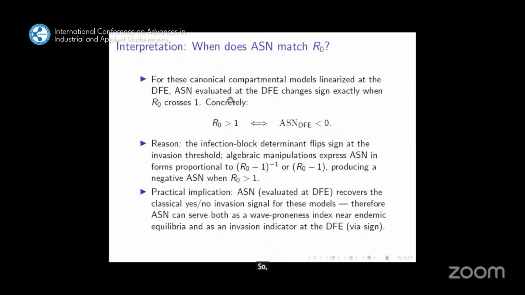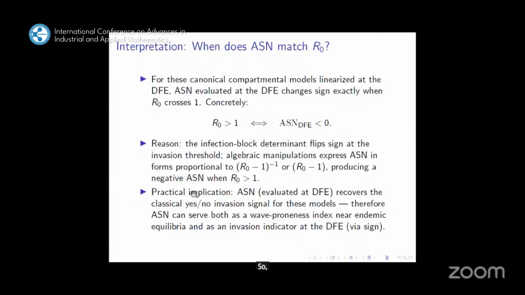If R0 is greater than 1, we know that the Atangana strength number is less than 0. The reason for this is that the infection block determinant flips sign at the invasion threshold. So the algebraic manipulations express the Atangana strength number in a form proportional to R0 minus 1, or 1 over R0 minus 1, reproducing a negative Atangana strength number when R0 is greater than 1.